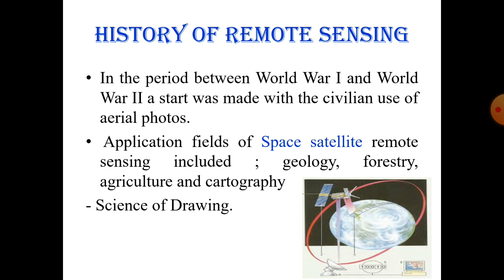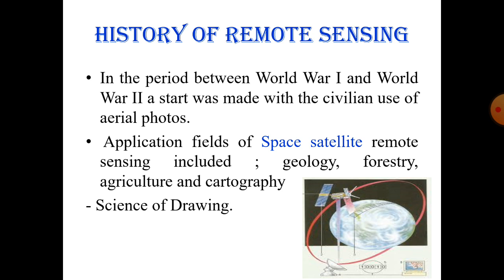This technology is also called satellite remote sensing, because satellites contain the sensors. Those sensors gather information about the Earth, and hence it is called satellite remote sensing. This technology is widely used to gather information about the Earth, hence it was called the geographical information system in later days.